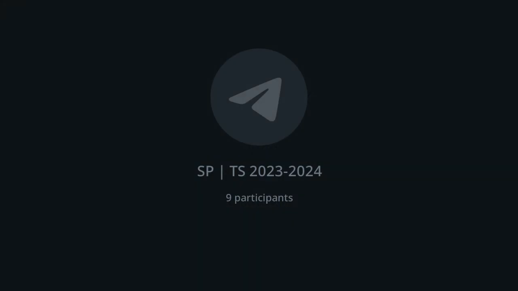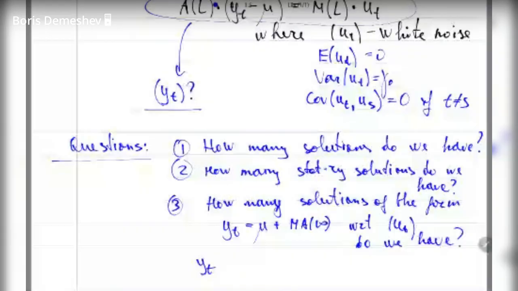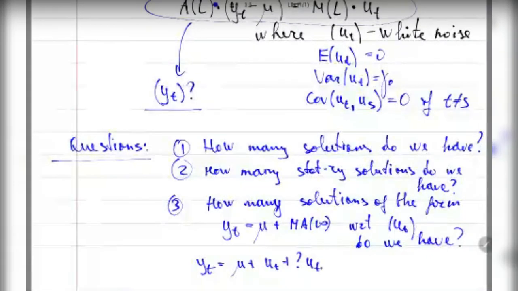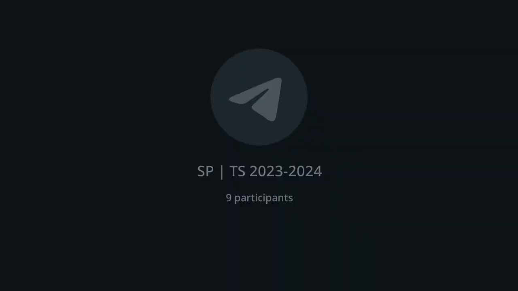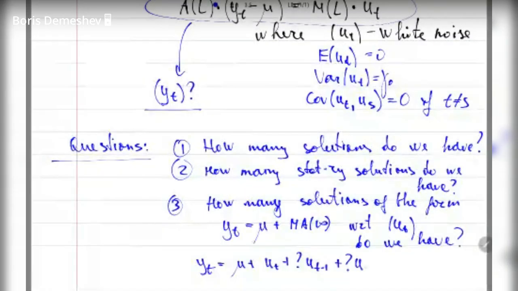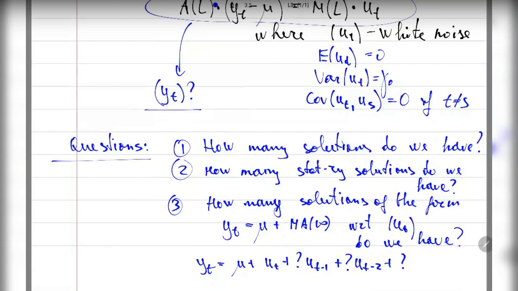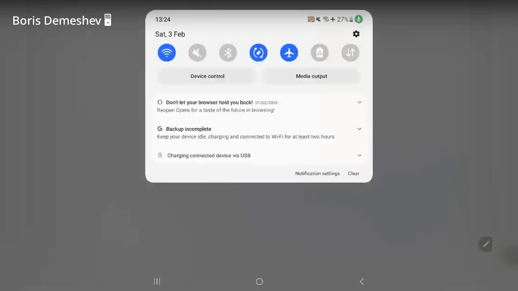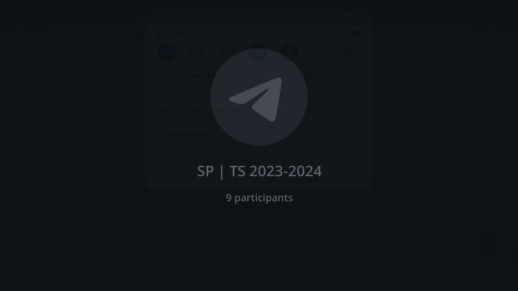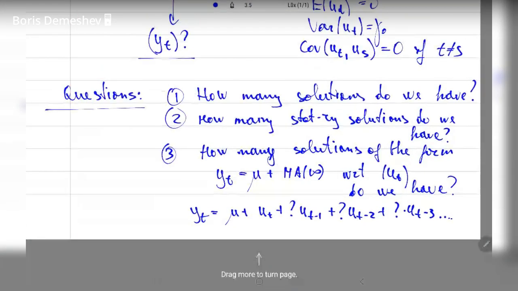Or I may be explicit, YT is equal to mu plus UT plus some coefficient before UT minus 1 plus some coefficient before UT minus 2 plus blah, blah, blah, UT minus 3. I think that's okay. So let's start.